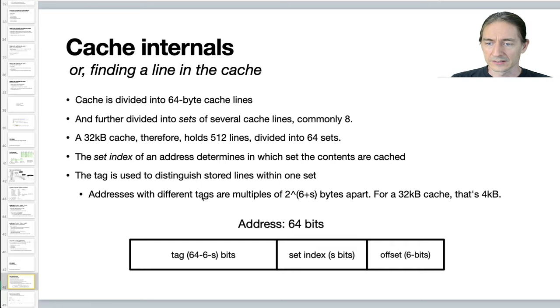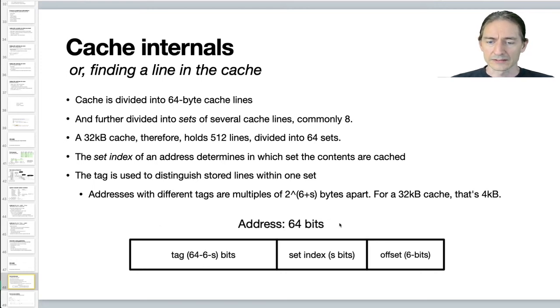And then finally there's the tag, and that's used to say which part of memory it was. This determines where within one cache line, and this is basically the remainder saying which one. To identify the cache line, when we're looking for the contents in the cache to see if we even have it, we need to find the correct tag.